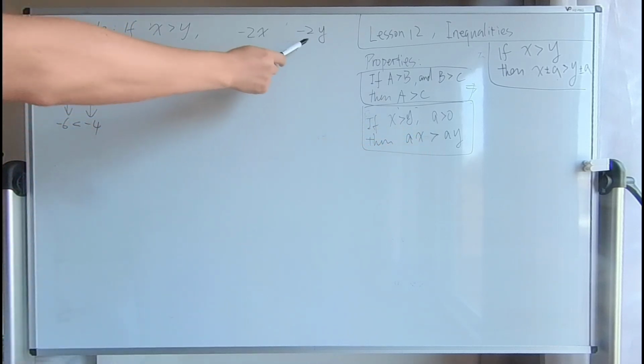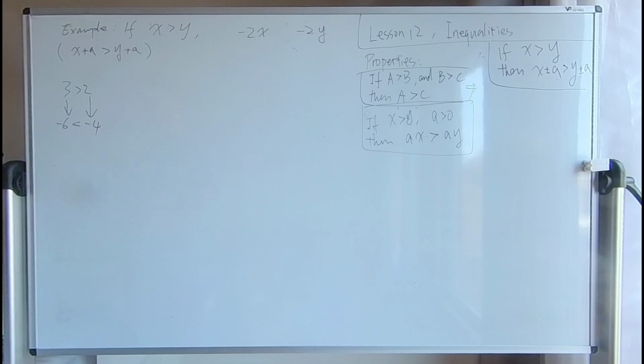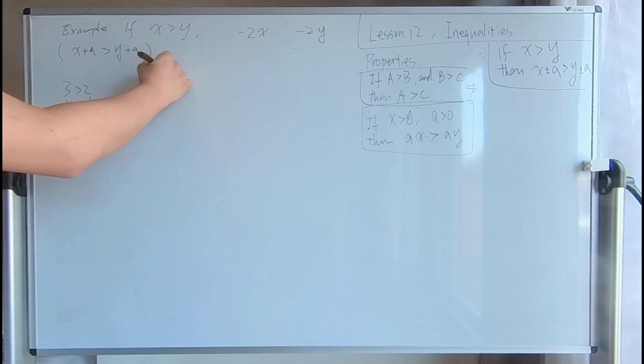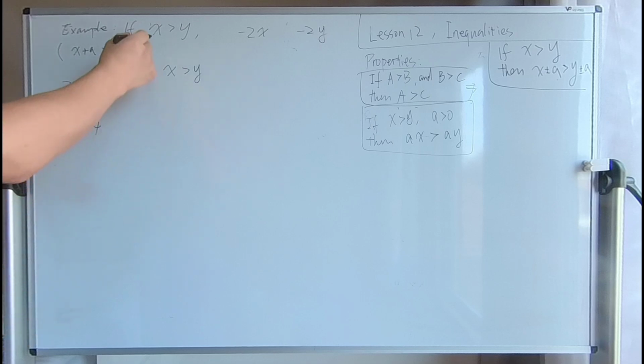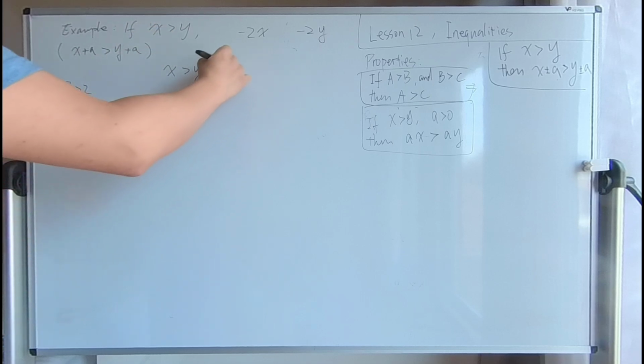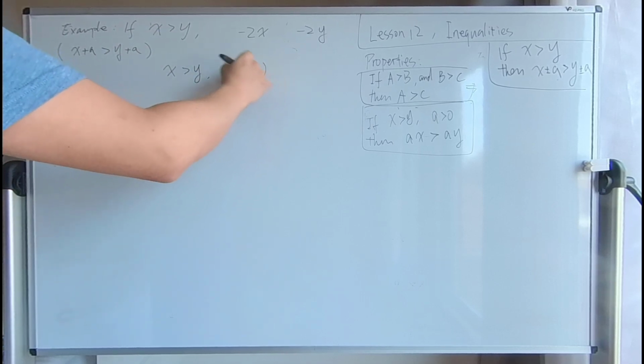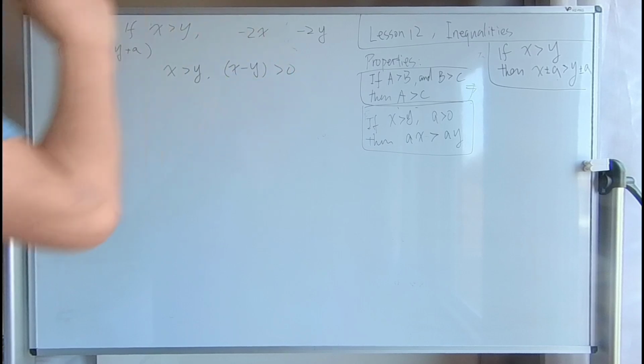When having a negative multiplier, it looks like I'm having a change of sign. So let's see if we can really prove that. Again, we can start from the known condition that if x is greater than y, then x minus y is greater than 0.